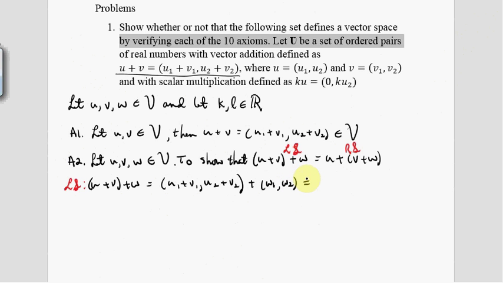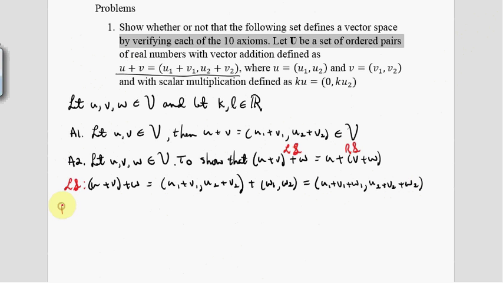This is equal to, just according to how vector addition is defined, we just add the components. So here this becomes u sub 1 plus v sub 1 plus w sub 1, comma, u sub 2 plus v sub 2 plus w sub 2. Well, that's the left side.